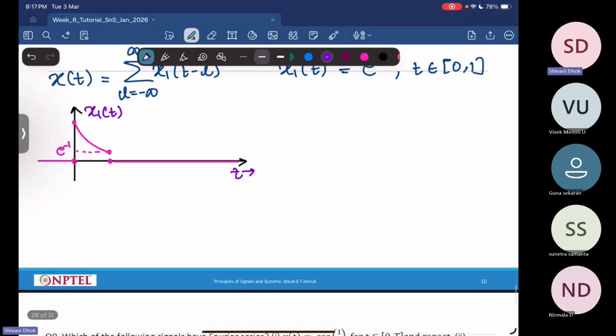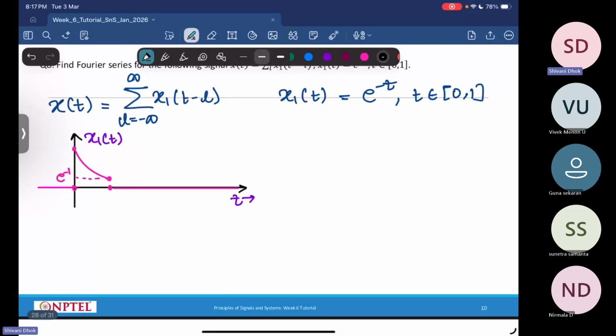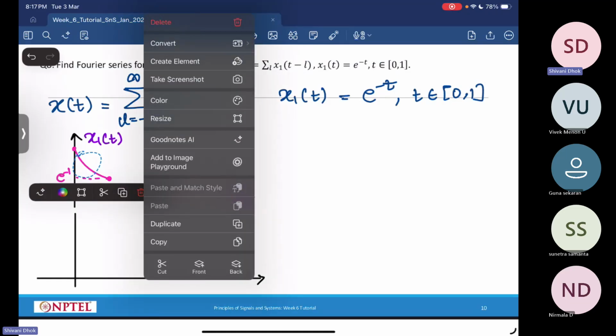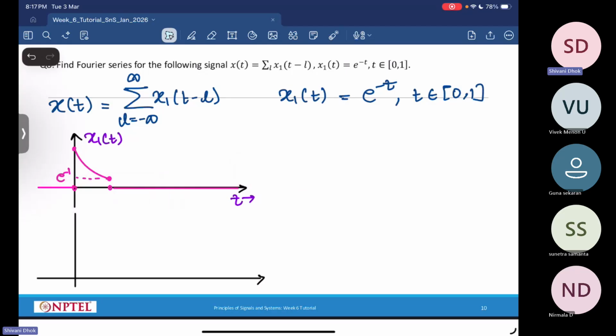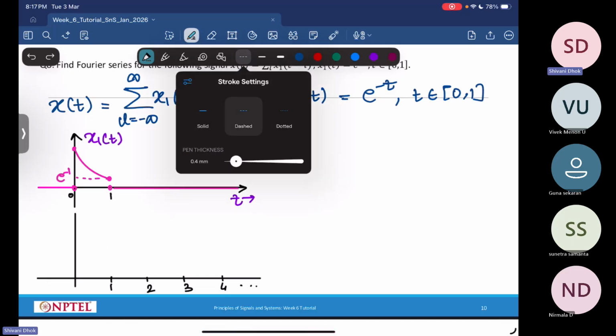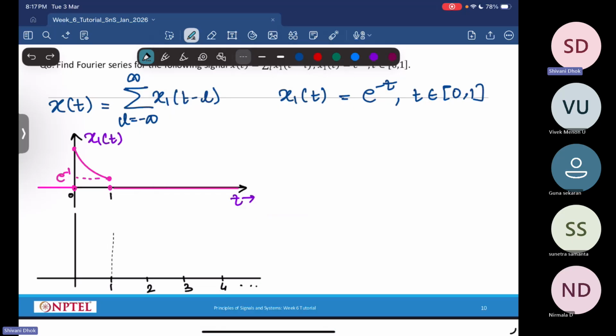Now, what is your x of t? Your x of t is basically you repeating this signal x1 of t multiple times. So this is 0, and you have 1, 2, 3, 4, and so on.